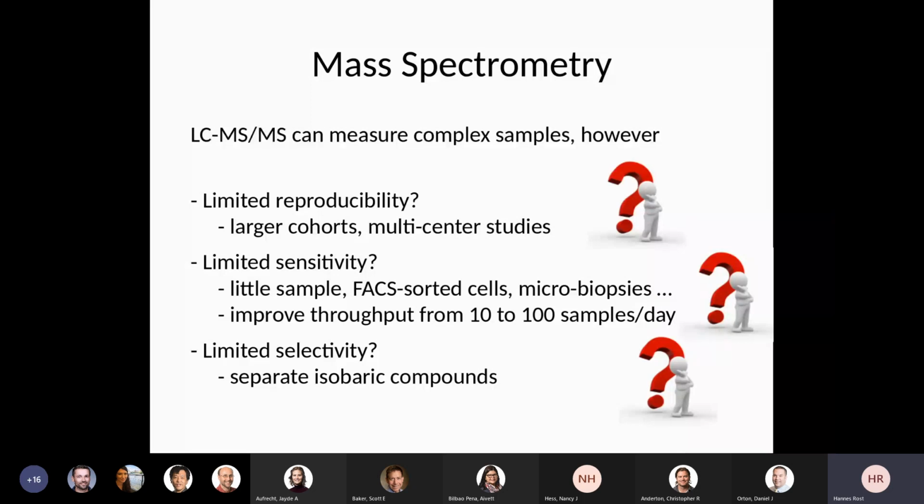And on the flip side of that is the question of whether we could improve the throughput by using more sensitive methods, but shortening the analysis time and therefore gaining throughput as a trade-off with the number of peptide precursors and proteins that we can analyze. And finally, if we had increased selectivity, this would allow us to separate also isobaric compounds.